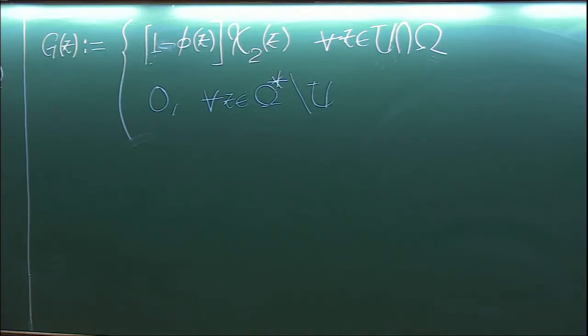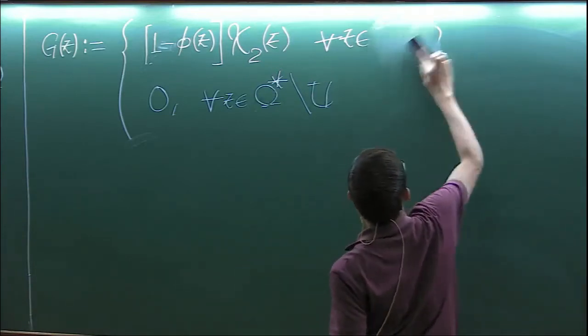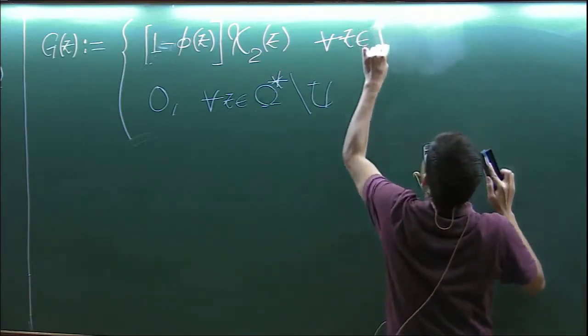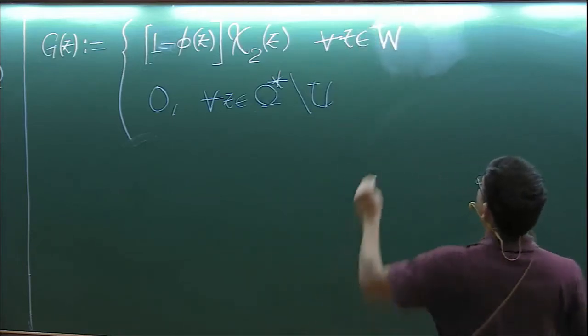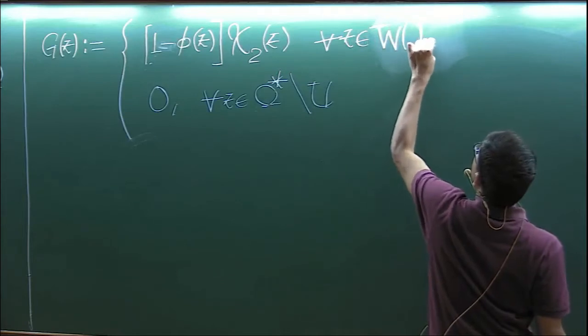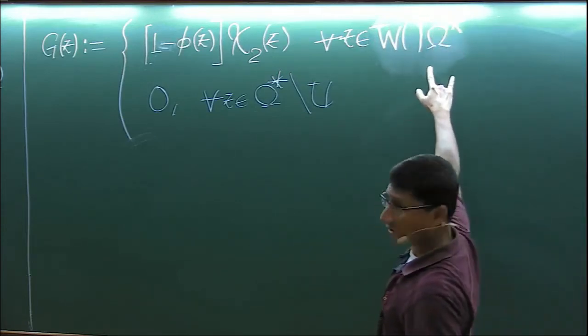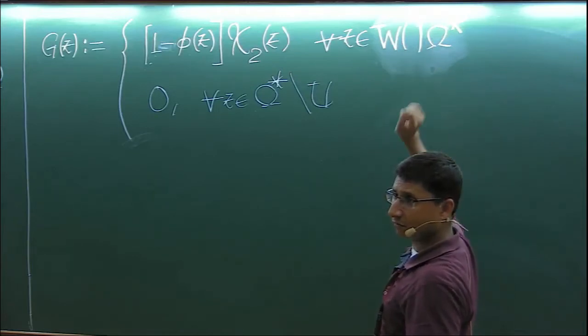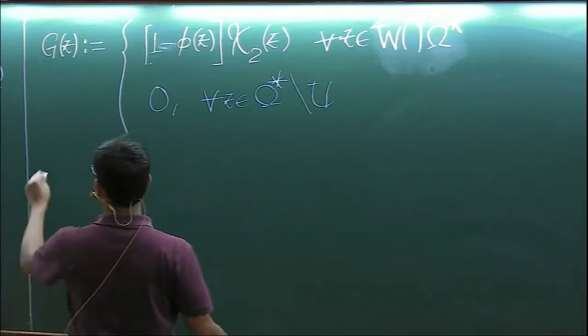It is conceivable that I might have stated the condition, yeah, so this is for all Z in W. And to make this data for the original D-bar problem, I'll say W intersect omega star. Okay, so this is my data.